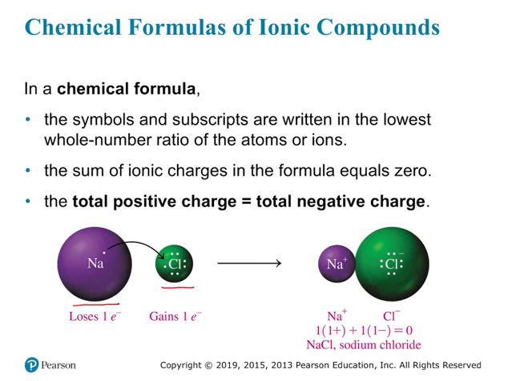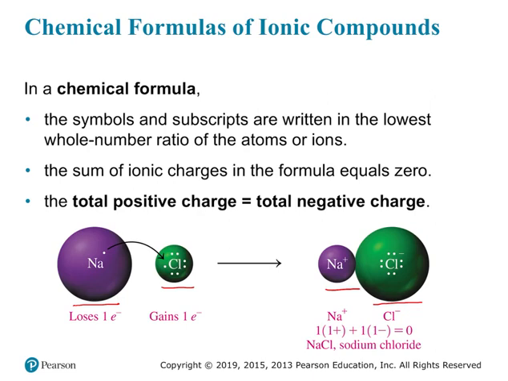When sodium loses its valence electron, it becomes positively charged, and when chlorine gains an electron, it becomes negatively charged. This works out great because positive and negative charges attract. So sodium and the chloride ion are going to attract each other and form an ionic bond.